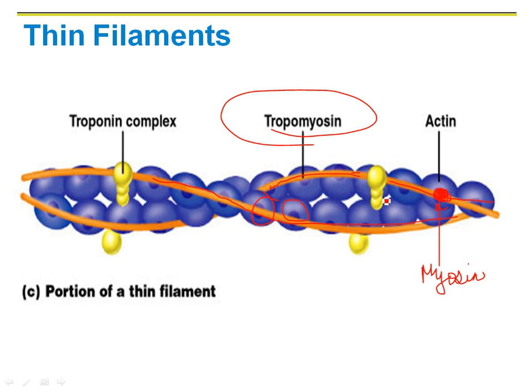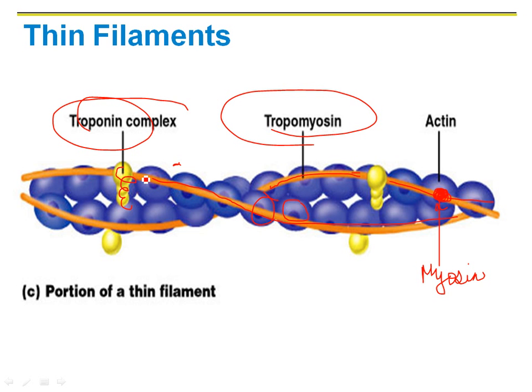Whenever we want myosin to bind, we must push tropomyosin out of the way. That's the job of troponin. Troponin is sitting here, and troponin knows when to push tropomyosin out of the way to allow myosin to bind to actin. It also knows when to let tropomyosin back so that myosin does not bind actin.